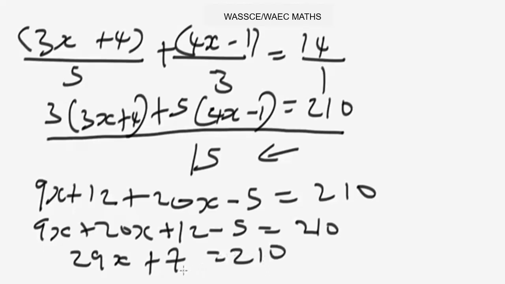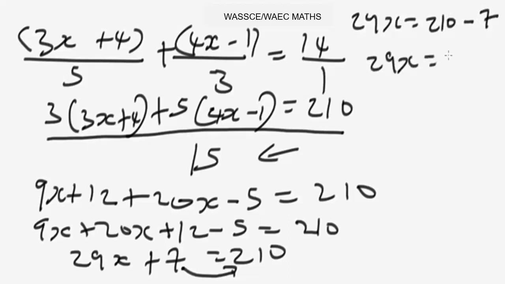When we collect number term, this plus 7 crosses over the equality sign and changes to negative. So we're going to have 29x equals 210 minus 7. So we are left with 29x equals 203. Alright, so divide both sides by 29 to make x the subject of the formula.